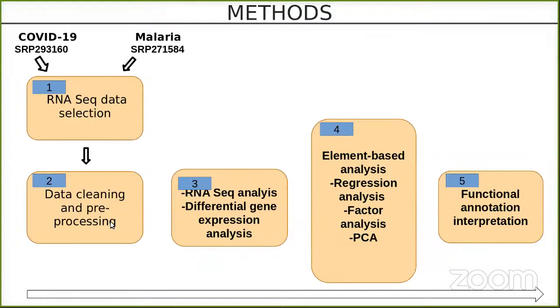Thirdly, we will perform RNA-seq analysis by leveraging the pipeline that's developed. Fourthly, we would perform element-based analysis, which will include factor analysis and regression analysis. We will also perform PCA, clustering and other statistical analysis. Then we would perform functional annotation analysis, leveraging the pipeline and also some important annotation databases available.